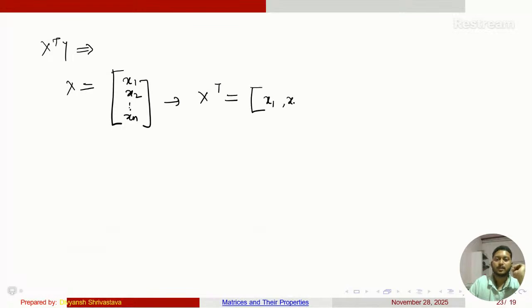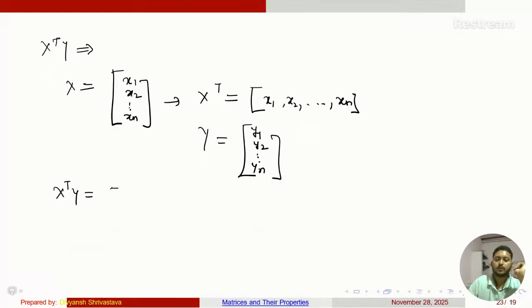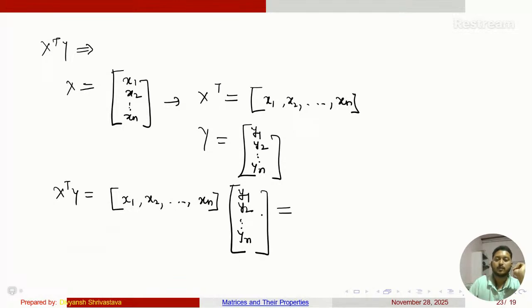So x1, x2, ... xn are the row form, and y is our column matrix with entries y1, y2, ... yn. So we multiply both: x transpose y equals x1, x2, ... xn times the column y1, y2, ... yn. Now multiply one by one.